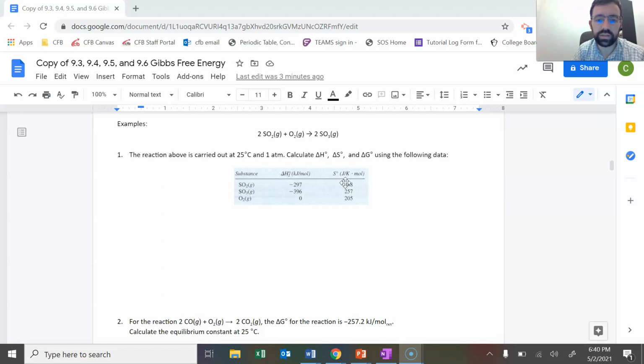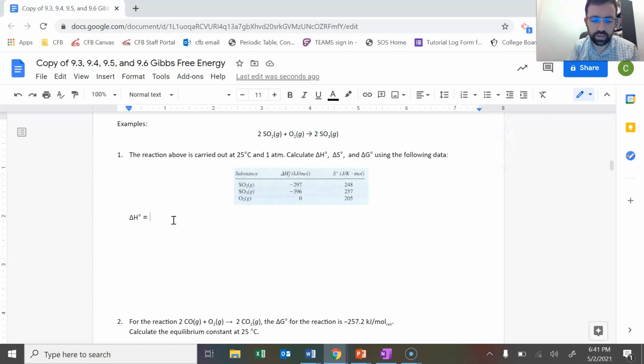Well, to start with, I could calculate delta H using my delta H of formation values. Remember that delta H of reaction, my enthalpy of the reaction, is going to be equal to the enthalpy of products minus reactants. So I'm going to start with my products, 2 SO3.